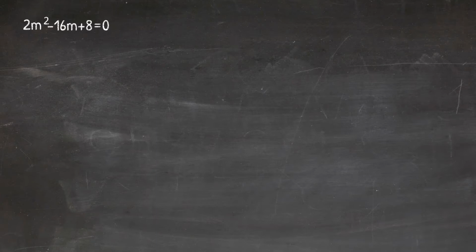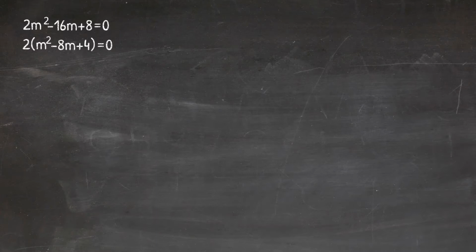So before we go to the formula, let's first simplify. We can see that there is a common factor 2 in all three terms of the trinomial 2m squared minus 16m plus 8. So once we pull 2 outside of the brackets and factor it, we should get inside the brackets m squared minus 8m plus 4.